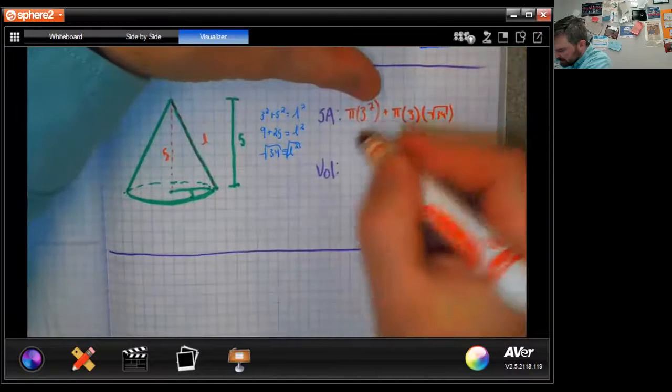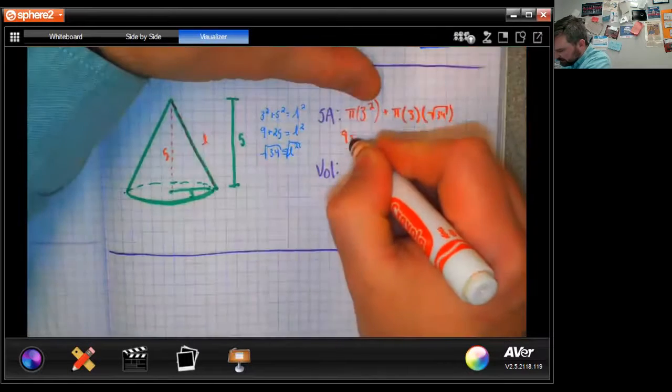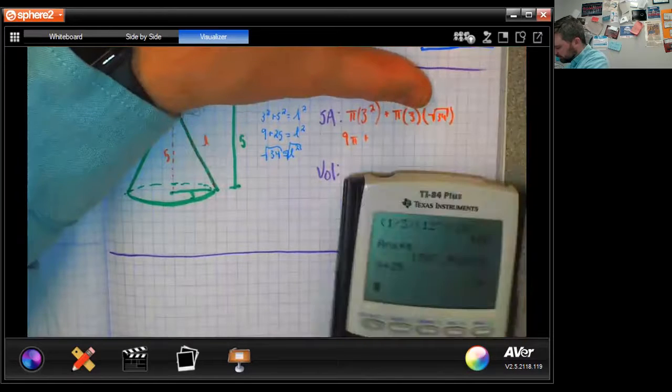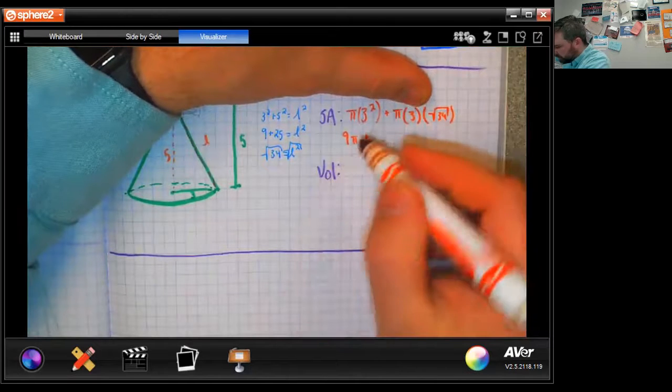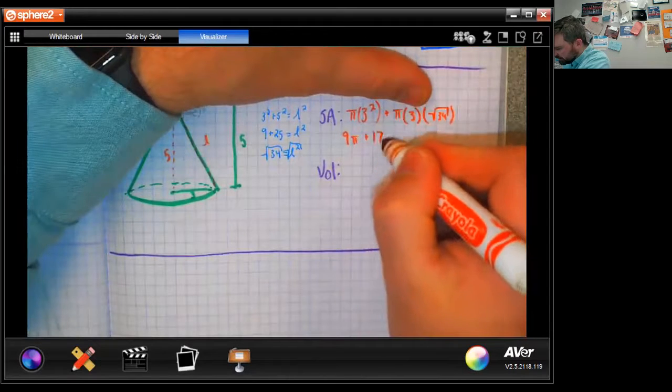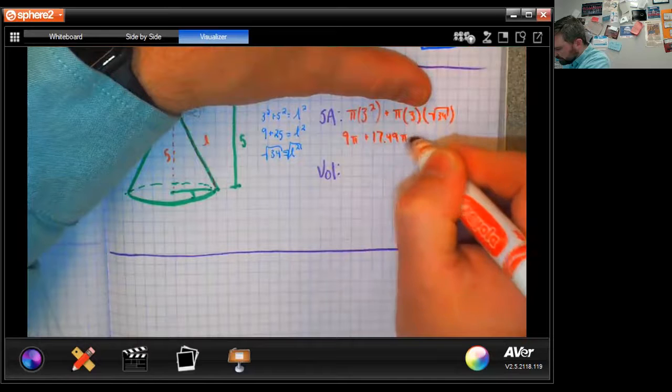Okay, so this is 9 pi plus 3 radical 34, which is 17.49 pi.